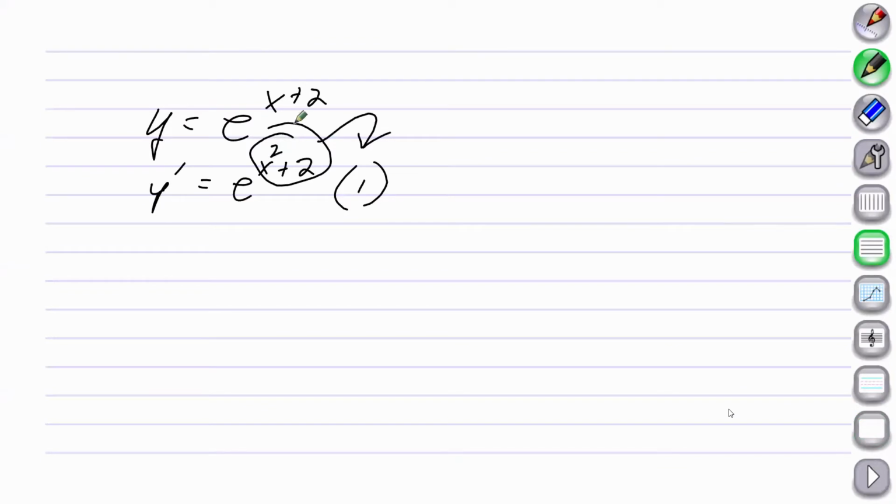If this was, say, let's make it a little bit harder, x squared plus 2, then it would be 2x. Now, the order you write them in doesn't really matter. Usually you put the x term and then the e to the x squared plus 2, but some people might just leave it this way. This looks a little bit nicer if they're all pushed together.